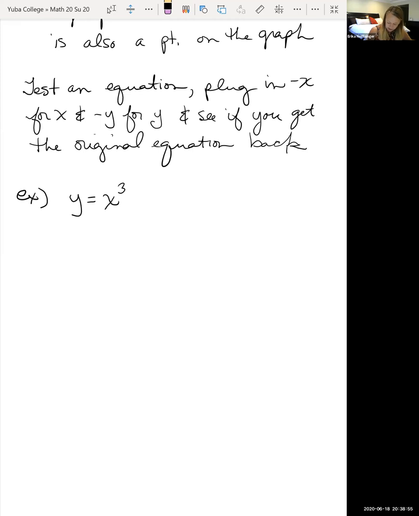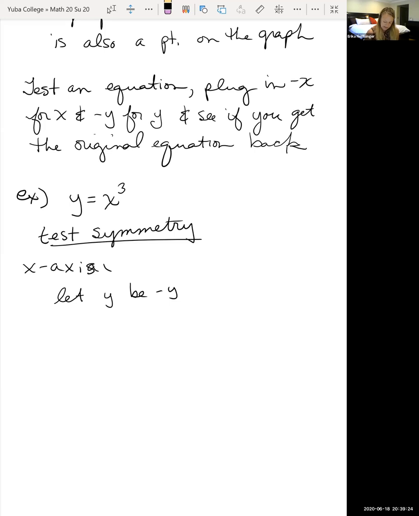Okay, so we're testing across. If we're doing the symmetry across the x-axis, then what are we doing? We're letting y be negative y. So if I did that and I plugged in negative y for y, I get negative y equals x cubed.